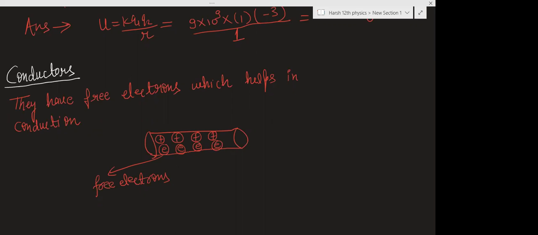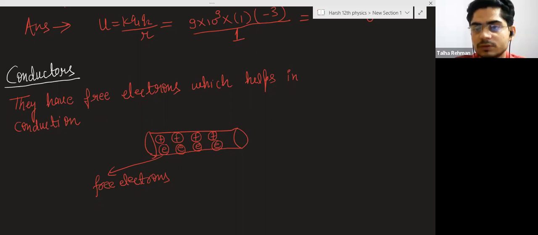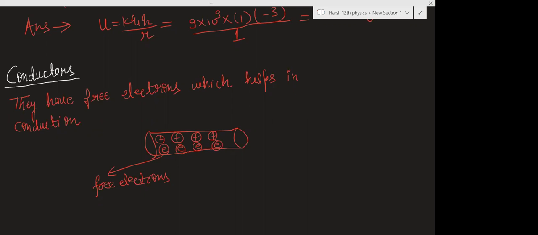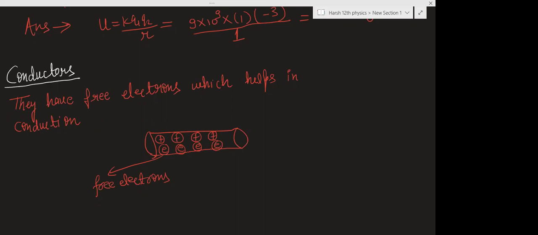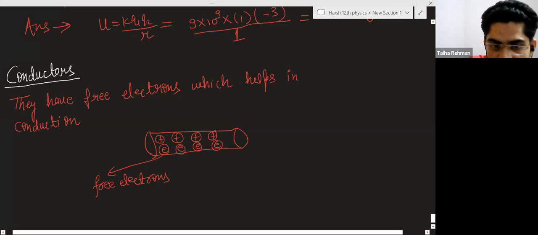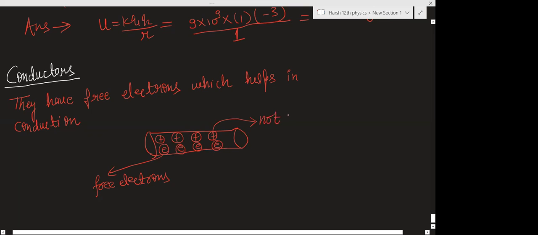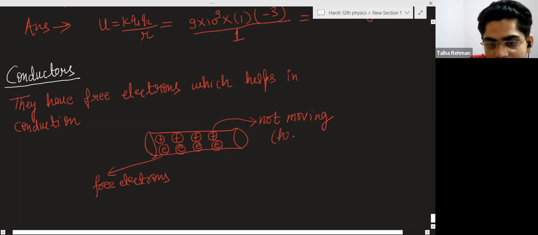So only in this chapter there is capacitance, right? Yeah, the name of the chapter is Electric Potential and Capacitance. After that we will study current electricity. So ions are not moving because they are heavy.